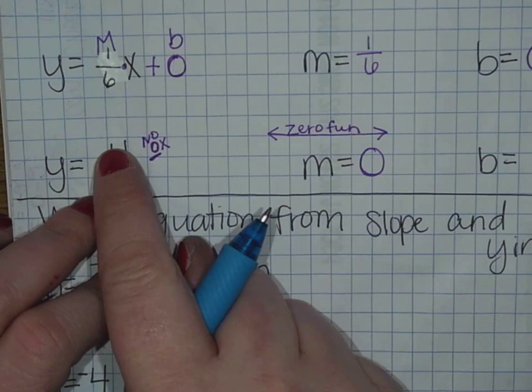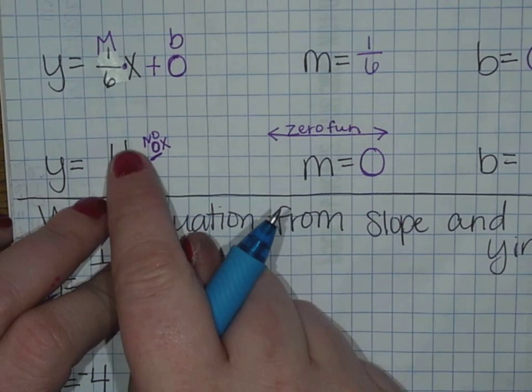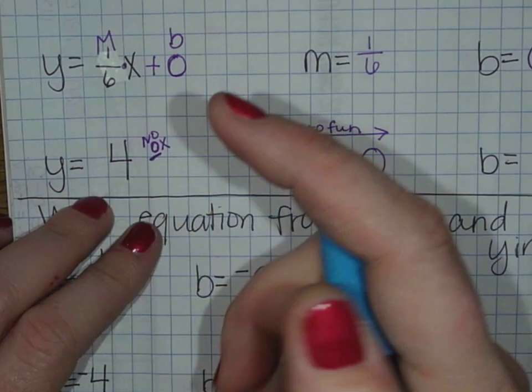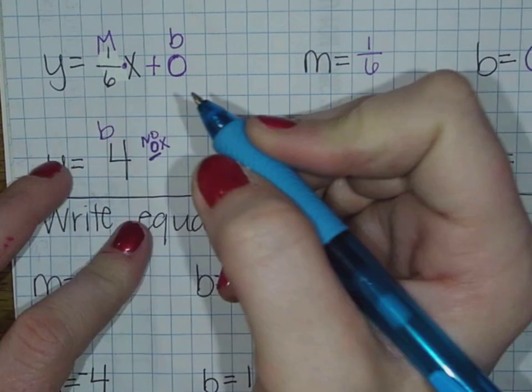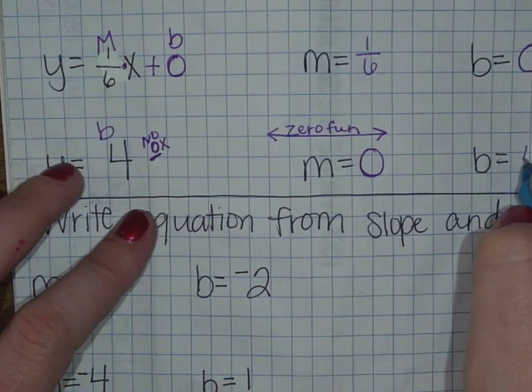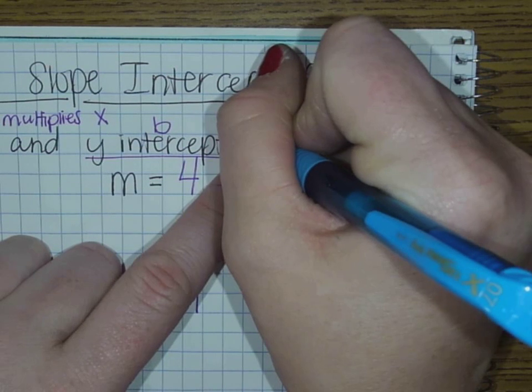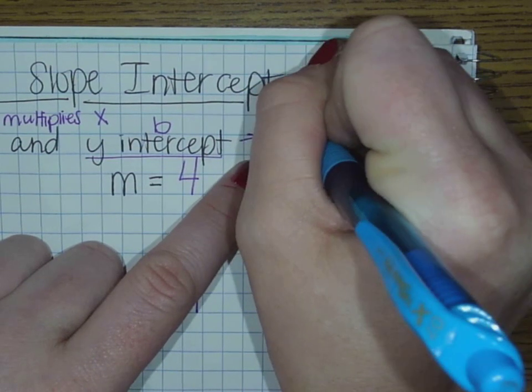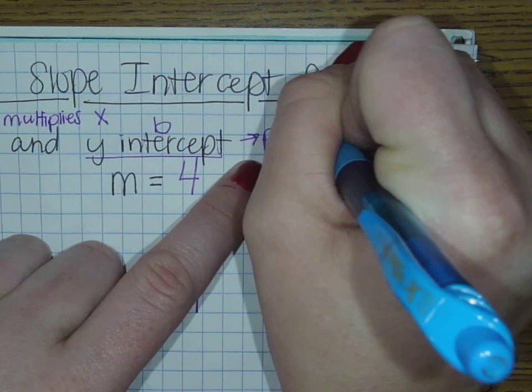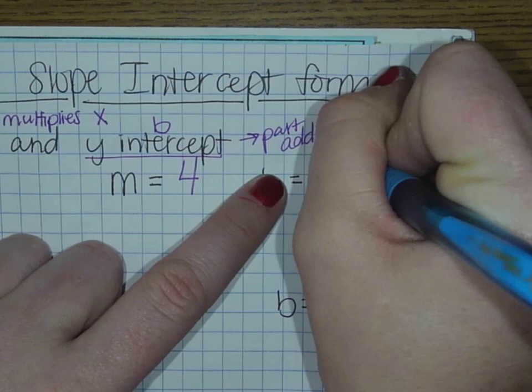Okay, and then we have 4, so y equals 4. So this would be the b. So 4. So you can go back up here and say the y-intercept part is adding or subtracting.